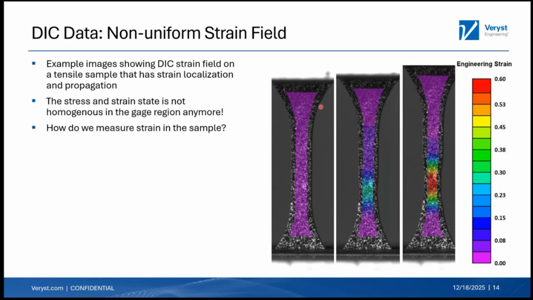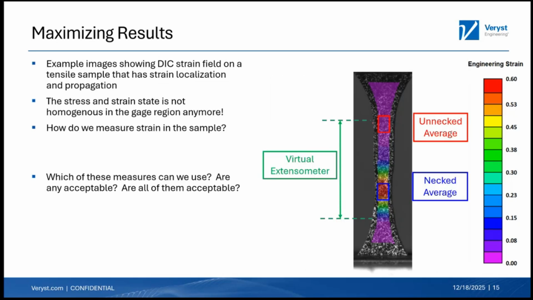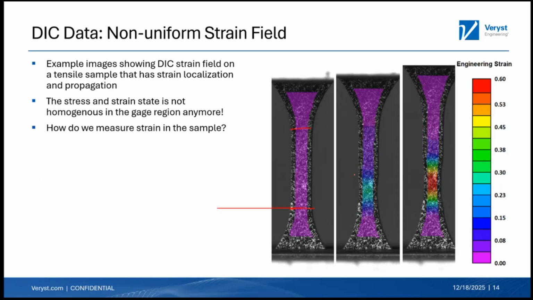So my stress right here is less than my stress here because I've got more material. If I had, for example, cut this off here, and I'd only had the area between there, then you could take the average and I think it would make physical sense. But the way I've had it drawn, it wouldn't. If it was just between this area, I would expect the average of all those points to be the same thing as a virtual extensometer.